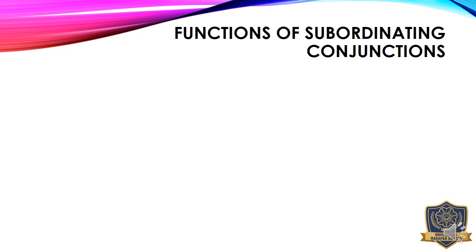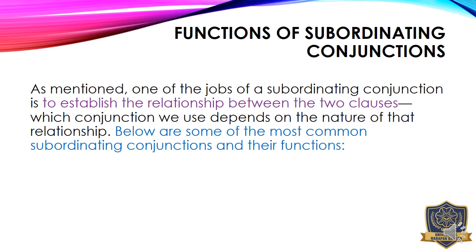Moving along to the next slide, we talk about the function of subordinating conjunctions. As mentioned, one of the jobs of a subordinating conjunction is to establish the relationship between the two clauses. Which conjunction we use depends on the nature of that relationship.